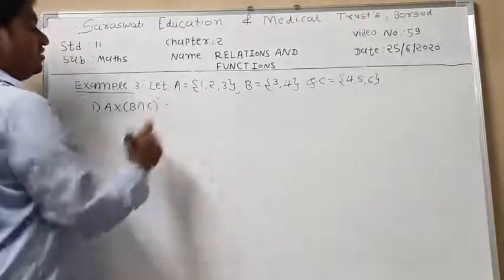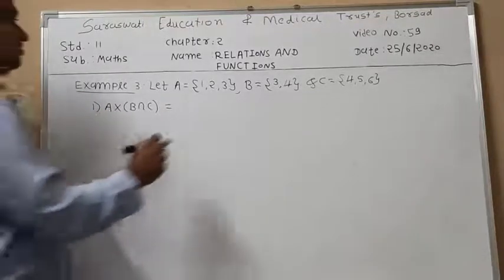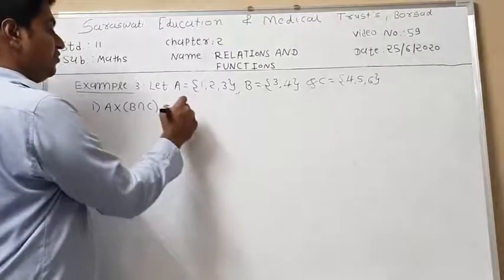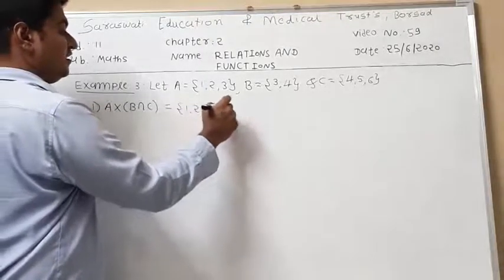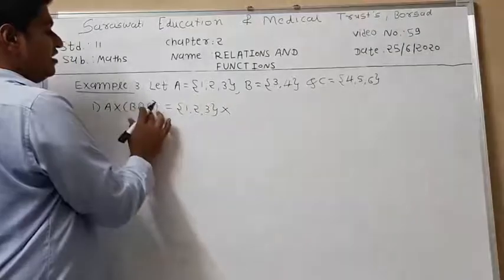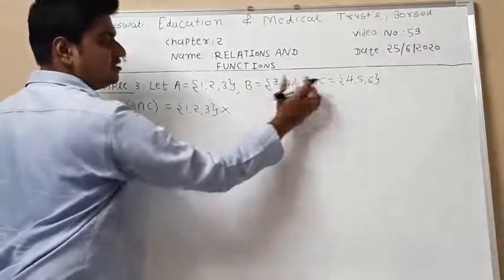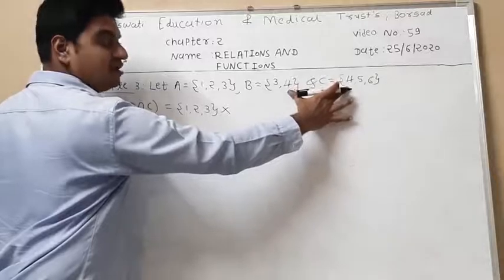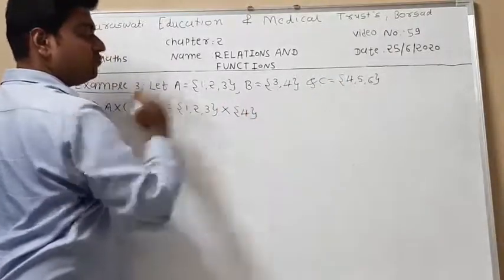So how can we solve? Here A is present, so we write the elements of set A, that means {1, 2, 3} Cartesian B intersection C. B intersection C means which elements are common in B and C? So 4 is common, so here we write the set {4}.